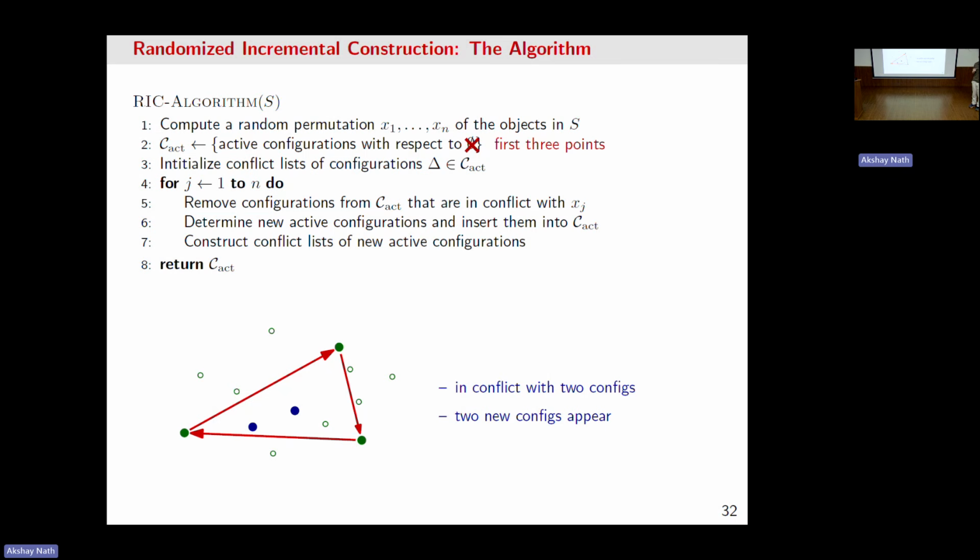So what I would like to do is the following: take all the conflict lists of all of these guys. They are overlapping and so on, so I take their union. And then for each point in the union, I decide, is it in conflict with this new edge, or is it in conflict with that new edge?